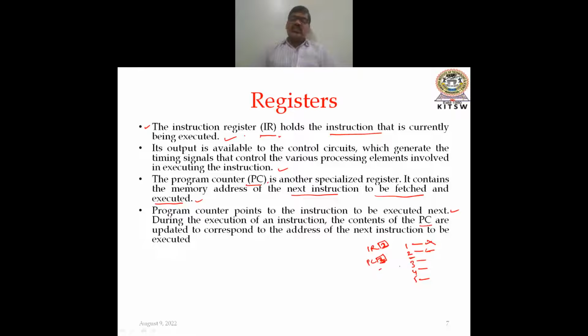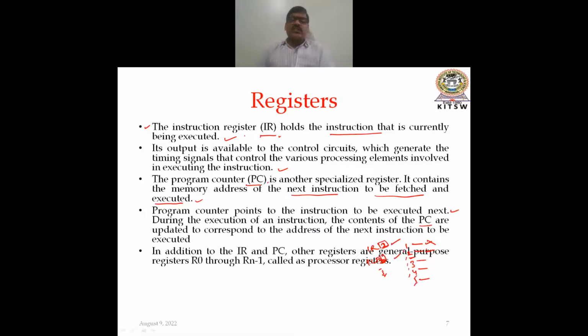So these two registers, the instruction register and the program counter register, are the two special purpose registers used by the processor to execute the instructions of a program one after another. In addition to these, every processor has general purpose registers R0 to Rn minus 1.